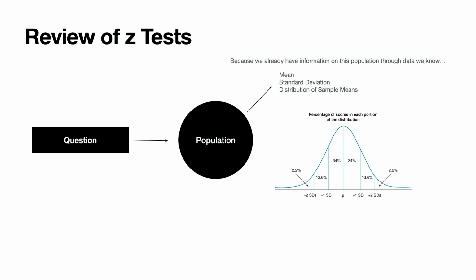This is the distribution of sample means that we can use to determine whether our sample, because of our intervention, is different. So we take a sample from this population, we set it aside, we introduce our treatment conditions, and then we look at the means, whatever we're measuring, whether it's learning outcomes or grades on a test or scores on a standardized test or something like that.